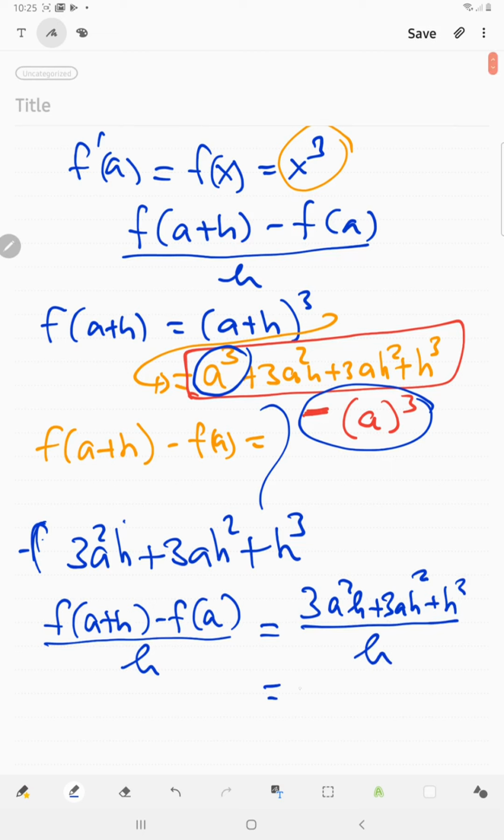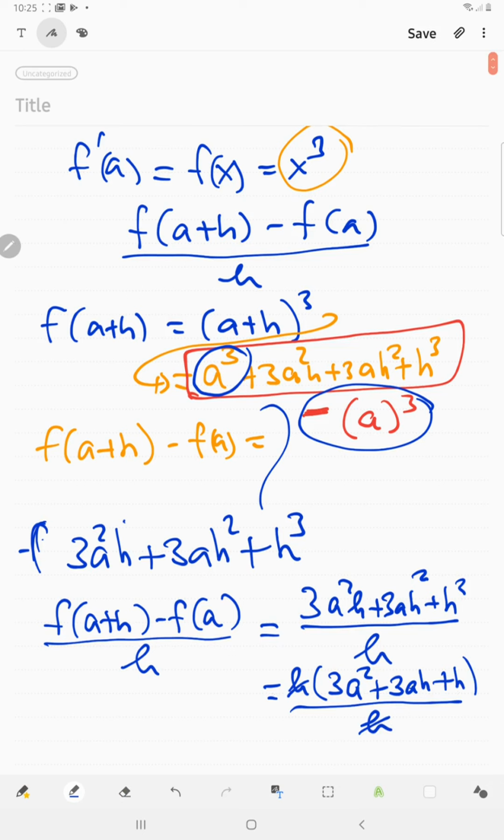You can see that from this statement, h can be taken out. So you can have 3a squared, and then 3a h, and then h squared, because I have taken out the h, and then divide by h. So this h and this h can cancel.